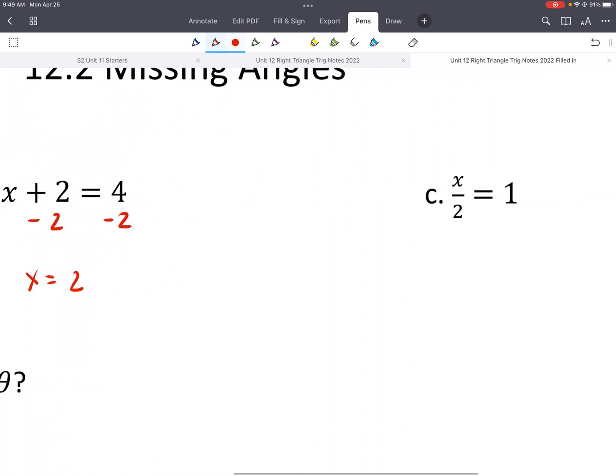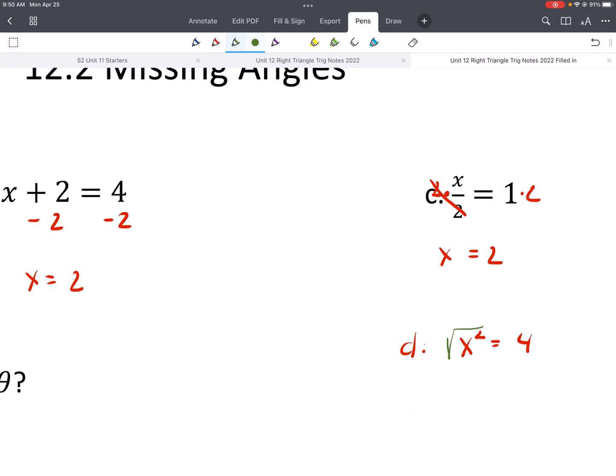Or we could look at c. We have x divided by 2 equals 1. Well, how do we get x by itself? Well, it's being divided by 2, so its opposite would be to multiply both sides by 2. And those would cancel, and we'd get x equals 2. Okay, so we could do the same sort of thing. If we had x squared equals 4, well, how do we get rid of the exponent? What's the opposite of squaring?